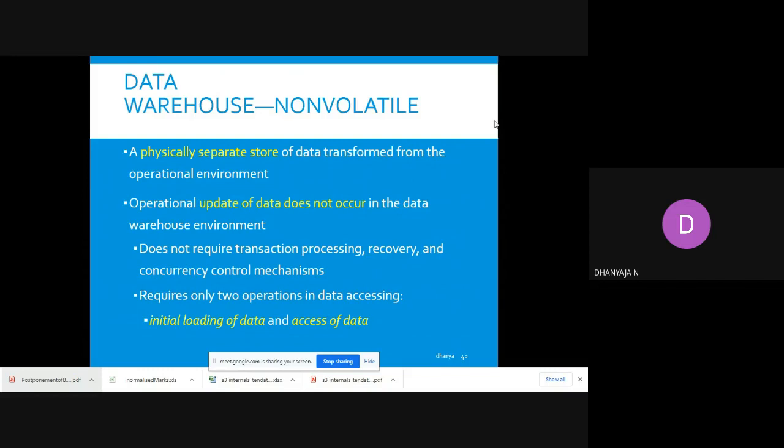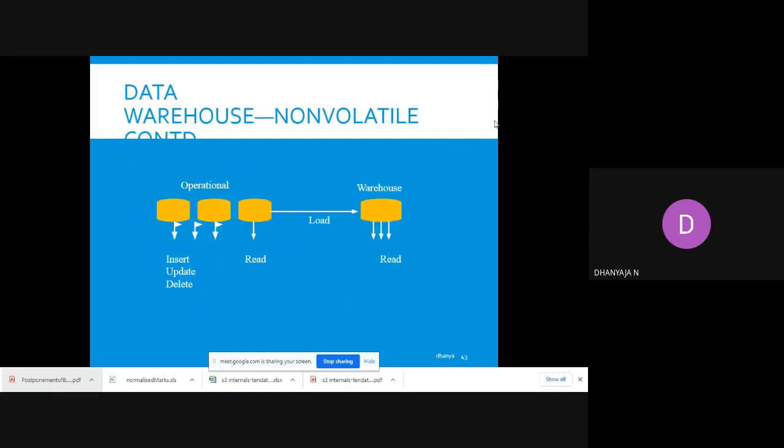So operational update of the data does not occur in the data warehouse environment, and it does not require transaction processing and requires only two operations in data accessing. One is initial loading of data, next is accessing of data. These are the two operations performed for data accessing.